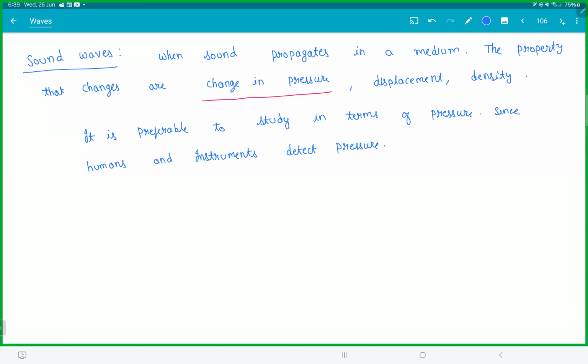What is the difference between frequency and intensity? Frequency, right, is the number of waves per second.